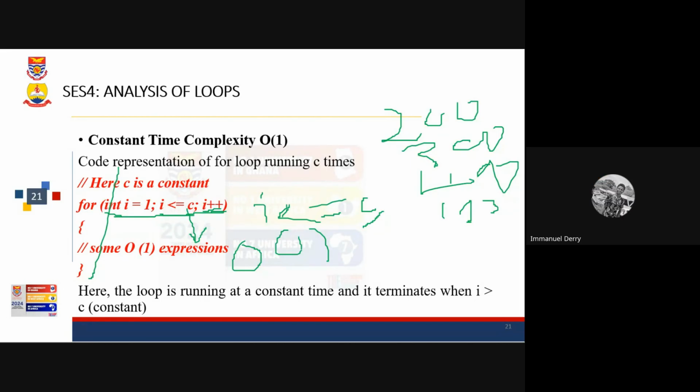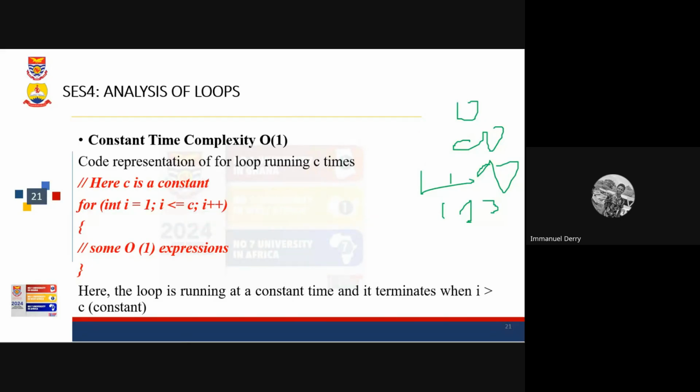Okay, so what I'm saying is that in this particular loop here, you notice the various elements that are inside the for loop, especially with the condition. So if the condition is equated to a constant, notice here that it is I less than or equal to C. So the C here is the constant that we are considering.